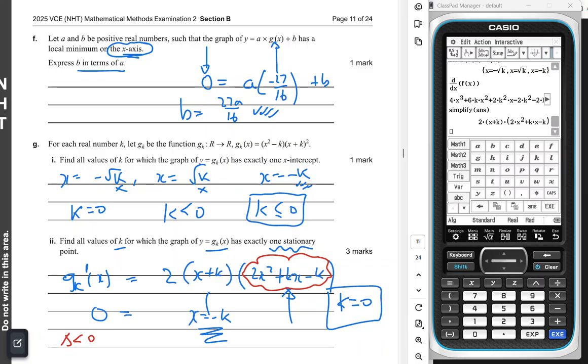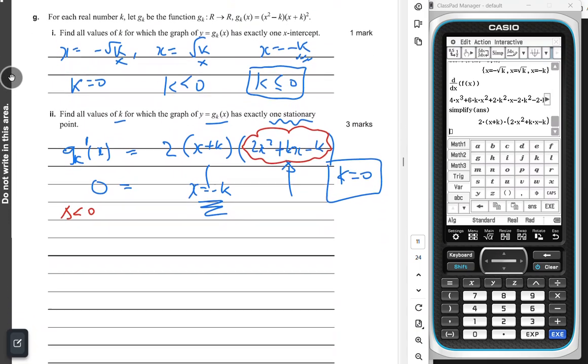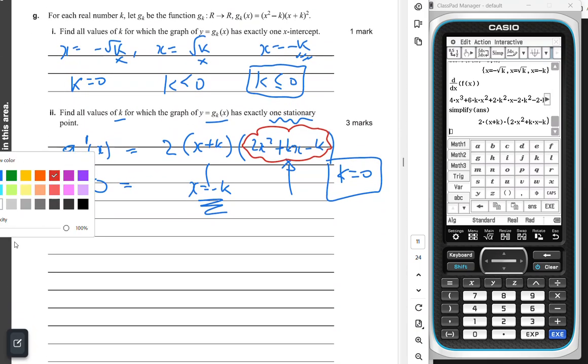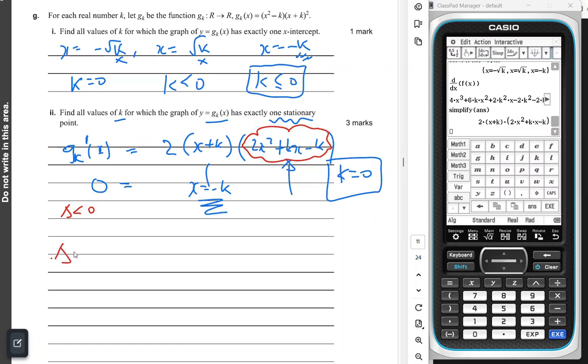So if I consider the discriminant of that term, the discriminant will equal b squared, k squared, minus 4 times 2 times negative k. So the discriminant equals k squared plus 8k.